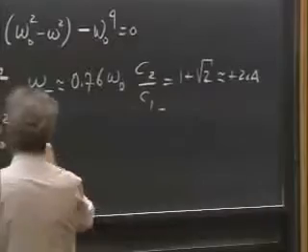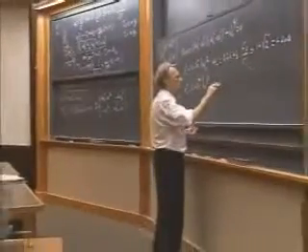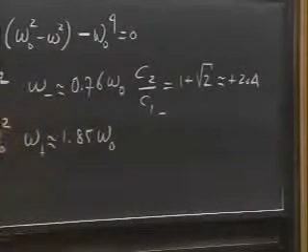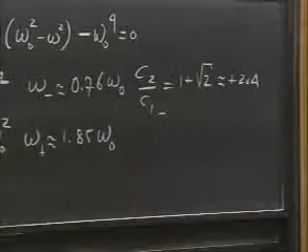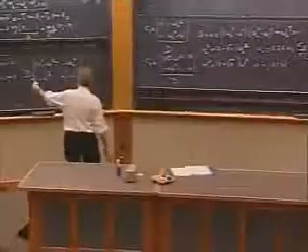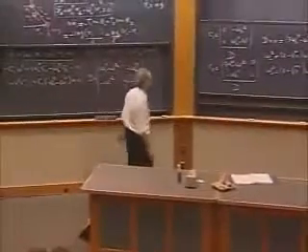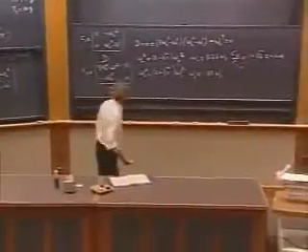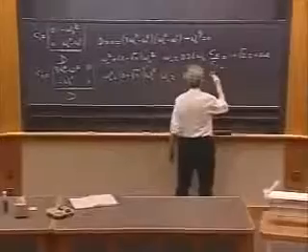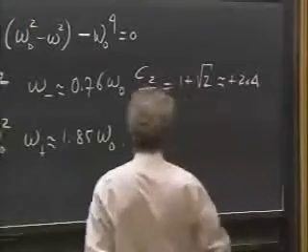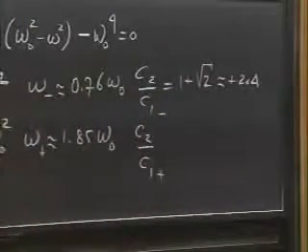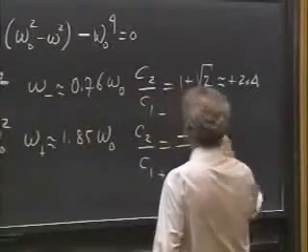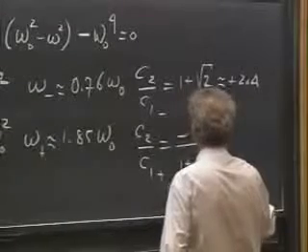And the omega plus solution gives you a frequency which is about 0.85 omega 0. That solution you can put back into your equations, into this one, and you will find now that C2 over C1 for that plus mode, I call this the plus mode, that's my shorthand notation, is going to be minus 1 divided by 1 plus the square root of 2.